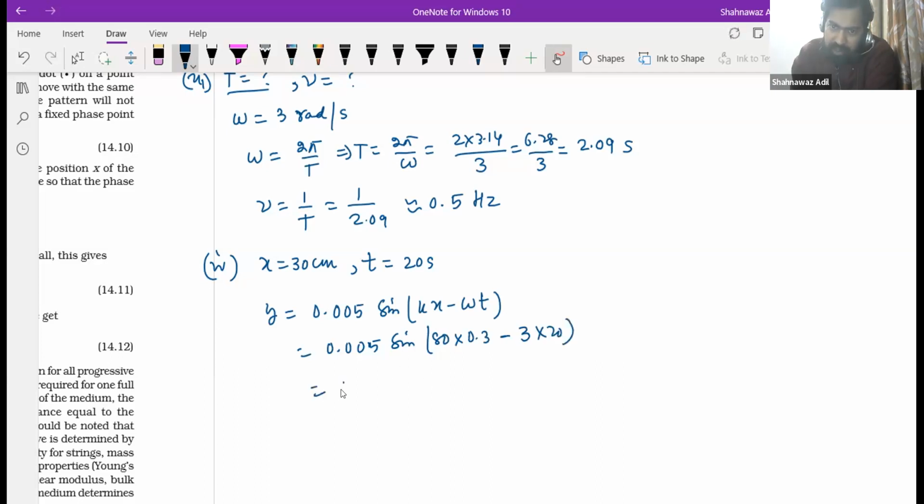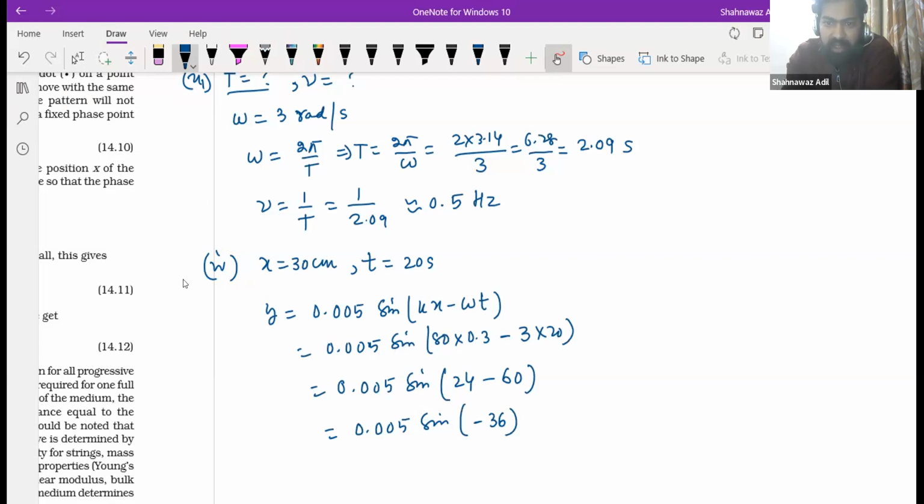So how much is this thing? 0.005 sine of, this is 24, right? And then minus 60. So how much is this thing? 0.005 sine of minus, how much is this? 36, right? So what is the value of sine minus 36?